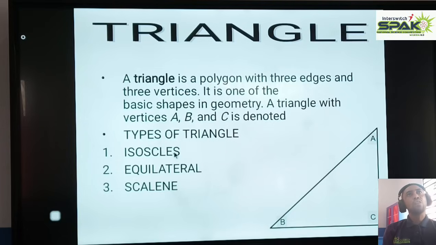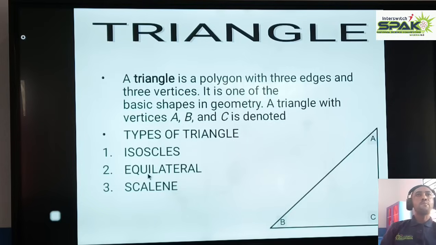So when you are given a triangle where 2 sides are equal, so that type of triangle is isosceles triangle. And another thing about this triangle is that the base angles of that triangle are also equal. So it means that in an isosceles triangle, we have 2 sides equal and the base angles also equal.